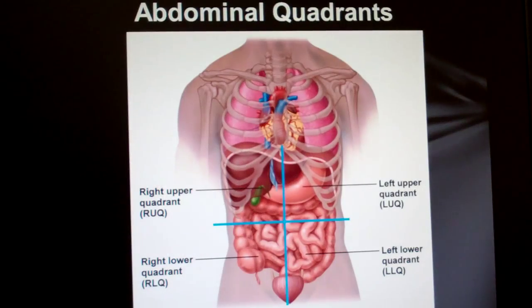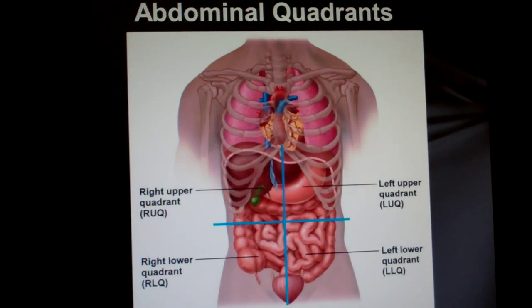whole lot more. Before we begin looking at the various causes of pain in the abdominal region, we need to quickly review the basic quadrants of the abdomen.